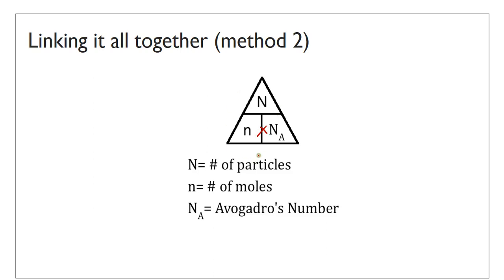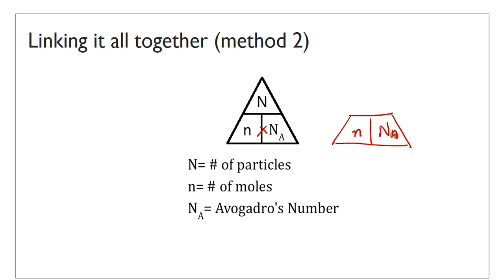So this triangle means that if you multiply the number of moles and the Avogadro's constant together, you will get the number of particles. And I think the way to use a triangle as well is whatever your unknown is, you just cover it, and then whatever is left is what you need to use to find the unknown.